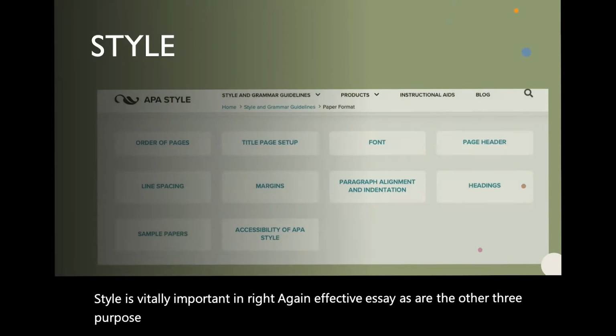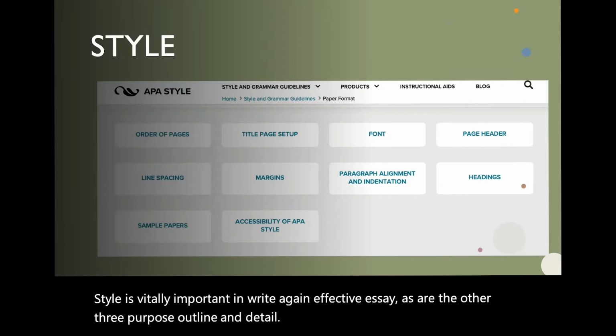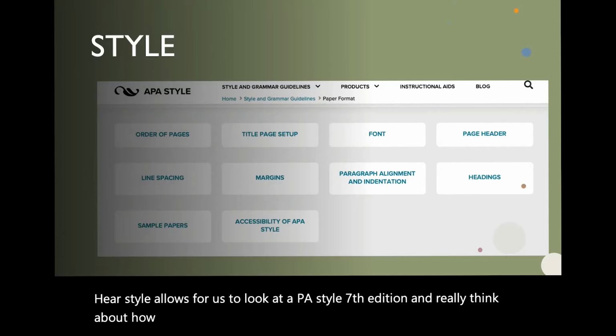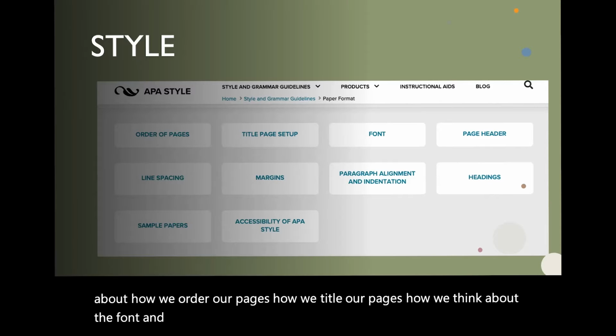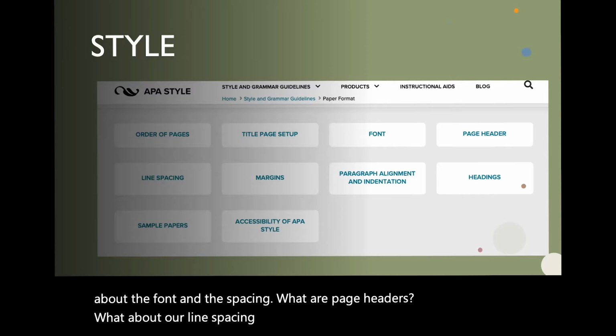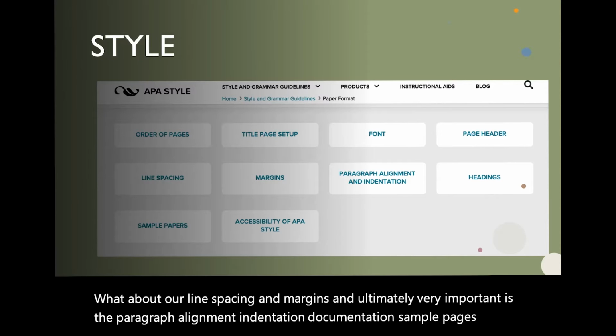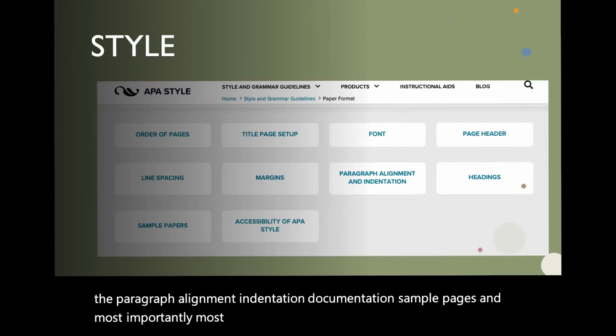Style is vitally important in writing an effective essay, as are the other 3: purpose, outline, and detail. Here, style allows for us to look at the APA style, 7th edition, and really think about how we order our pages, how we title our pages, how we think about the font and the spacing, what are page headers, what about our line spacing and margins, and ultimately, very important, is the paragraph alignment, indentation, documentation, sample pages, and most importantly, citing our work.